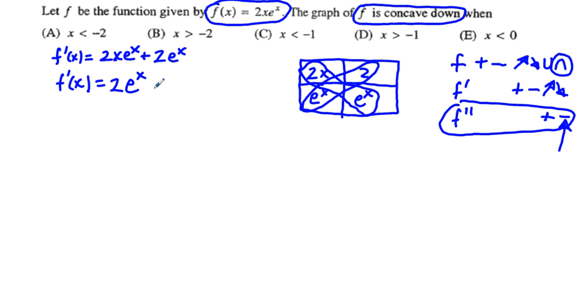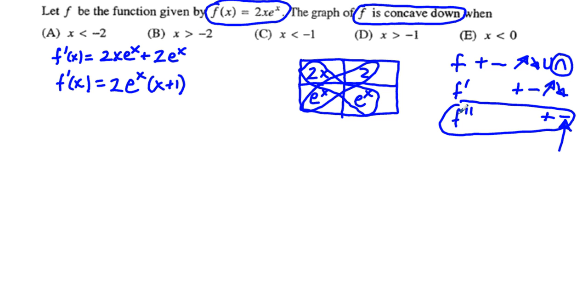And what do we multiply there? Here, x plus 1. Okay, so that's going to be our f prime of x.